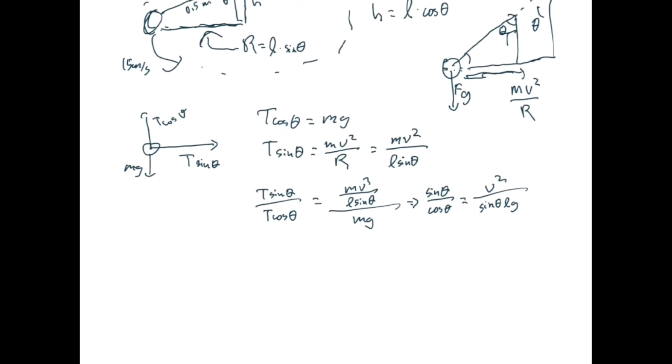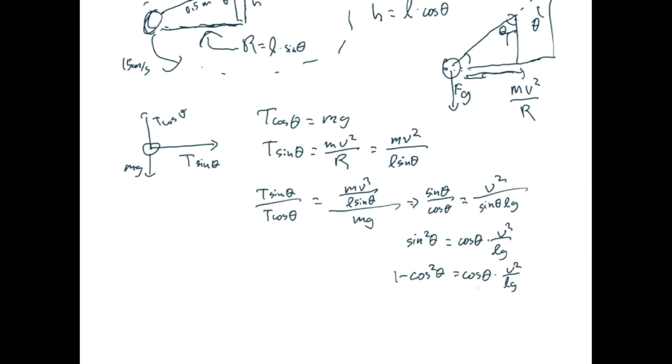And now we cross multiply. So sine squared theta equals cosine theta times v squared over Lg. And then from there, one way to do it is just make this 1 minus cosine squared theta equals cosine theta times v squared over Lg.